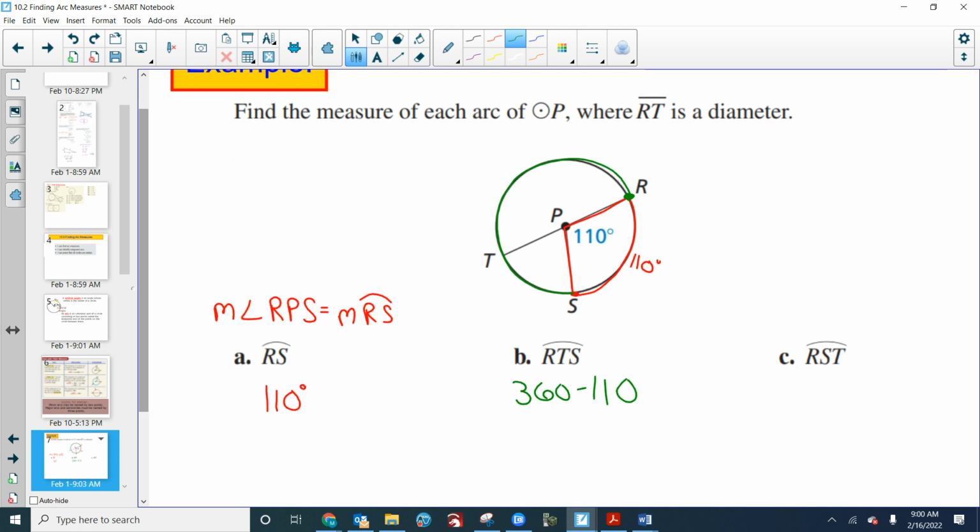We don't need a calculator for that one, do we? If you can take away 100, you can take away 10 more. What's 360 minus 100? 260 minus 10 more. Did you get 250? 250 degrees.